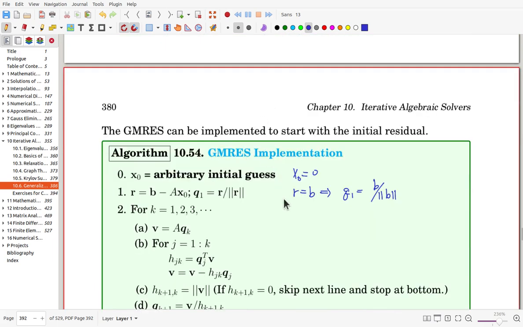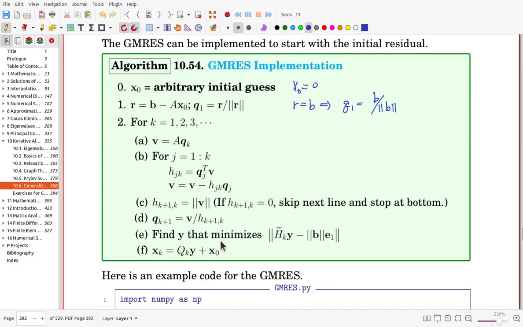But for some non-zero initialization, you can begin in this way, but in each iteration you have to add x0 at the end so that you can get the new iterate. That is another form of a GMRES implementation.